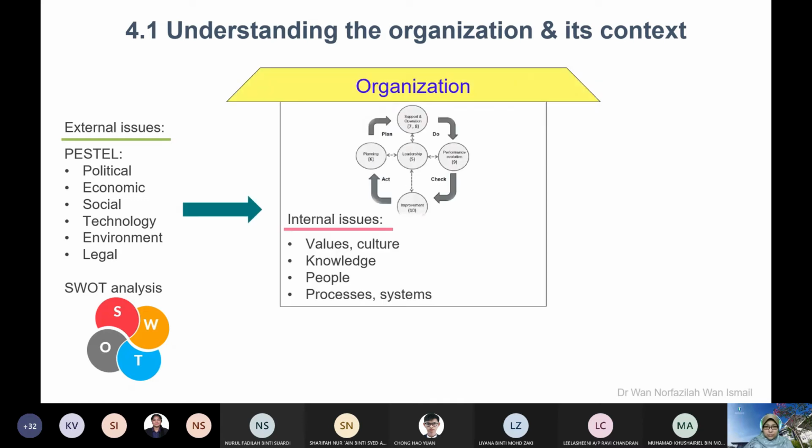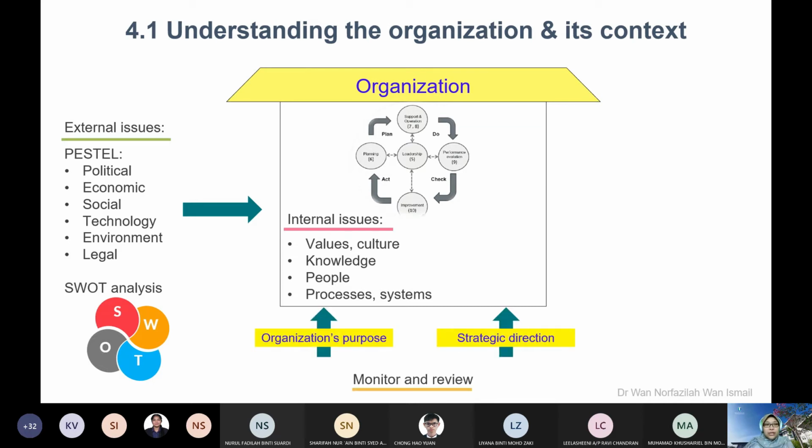This has been explained in the video given to you in the recording, so I'm not going to go into great detail. Under 4.1, you need to know the external and internal issues affecting the organization, and the outcomes of these issues should support the quality management system.